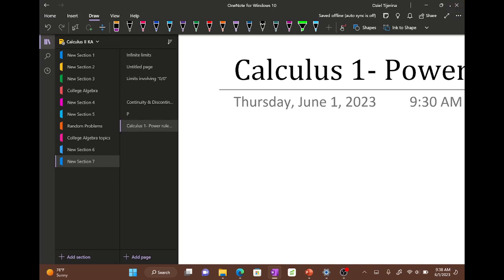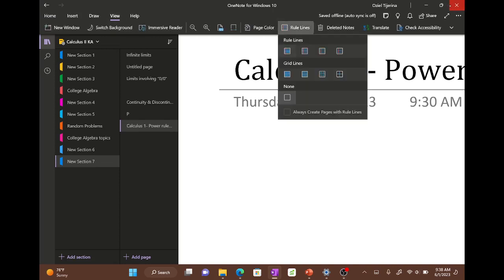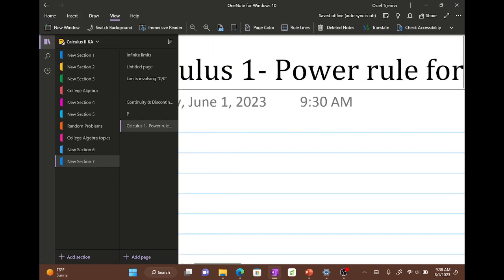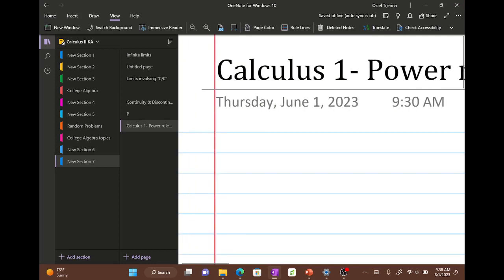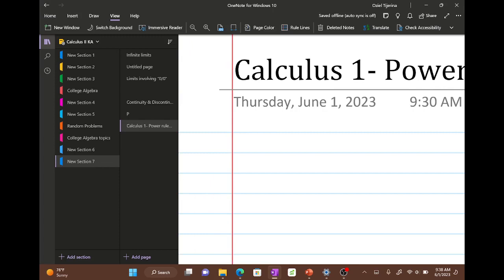Now I want to go over how to do the power rule for derivatives. And there's another one, the derivative of a constant, that I want to look at as well. First I'm going to start off by defining the power rule for derivatives.